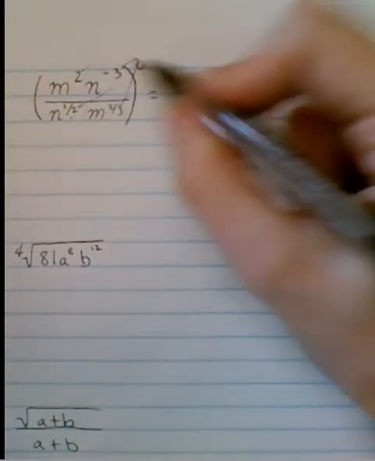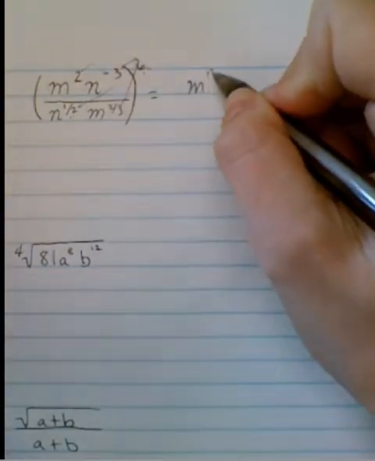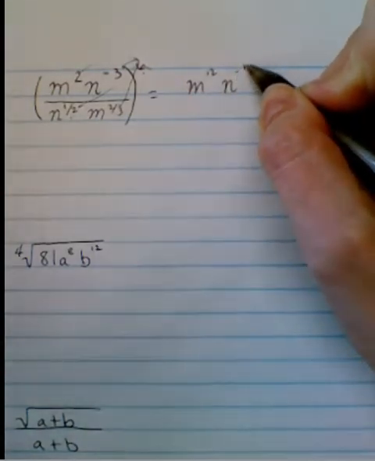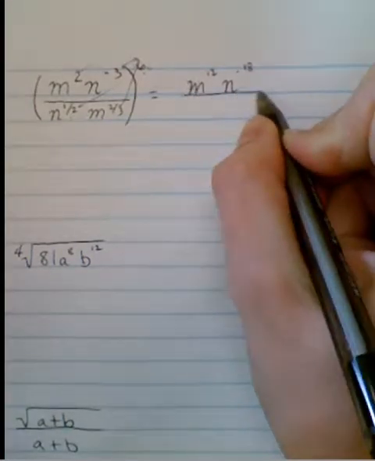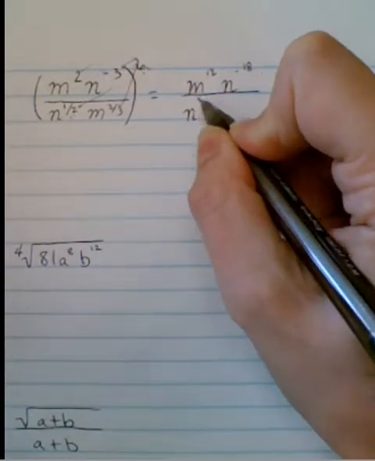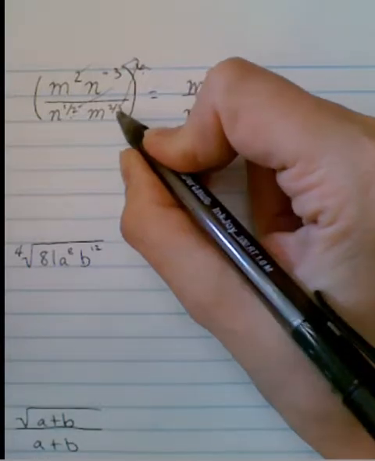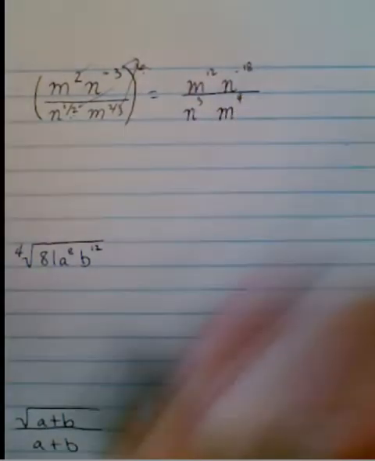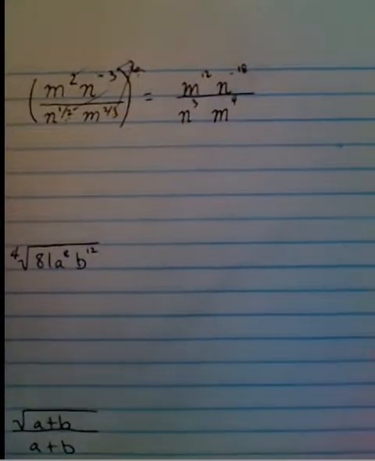So m to the 12th, n to the negative 18th, 6 times 1/2, n to the 3rd, 6 times 2/3 is going to be m to the 4th. Well, now I don't have to deal with fractions, so hooray for that.